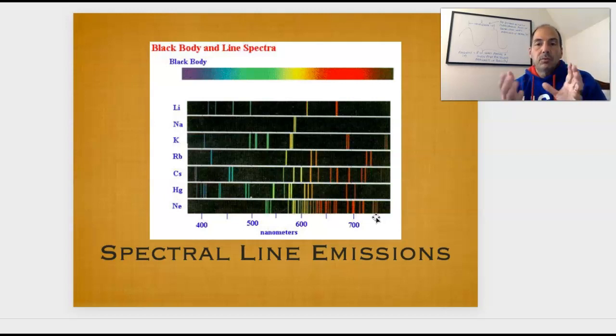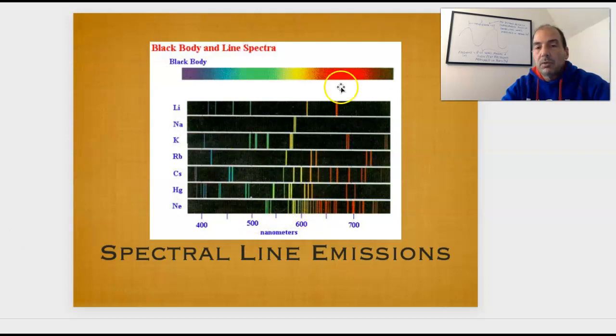So the energy is causing the jumping, which in turn creates these lines. So that's really the basic idea. Every element has its own unique set of spectral lines, and so that means that every element must have a unique pattern of electrons, which is those electron configurations we're talking about.